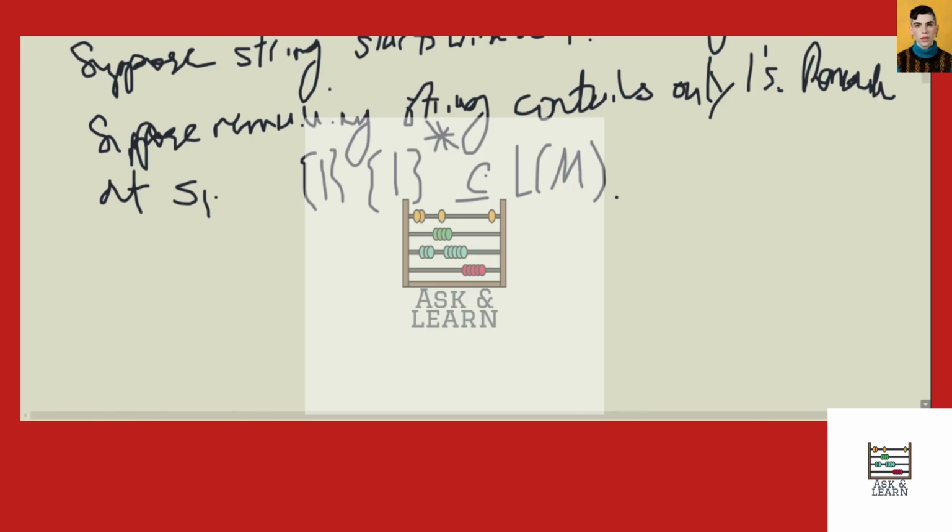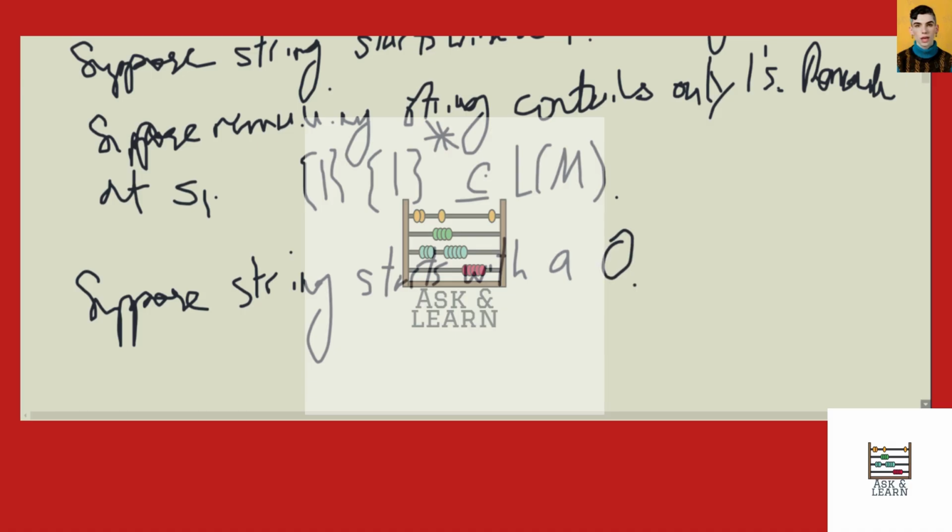Now for the next case, suppose the string starts with a 0. We see that the rules in our table tell us that we remain at state S0. And in fact, we're going to remain at S0 until we obtain a first 1.